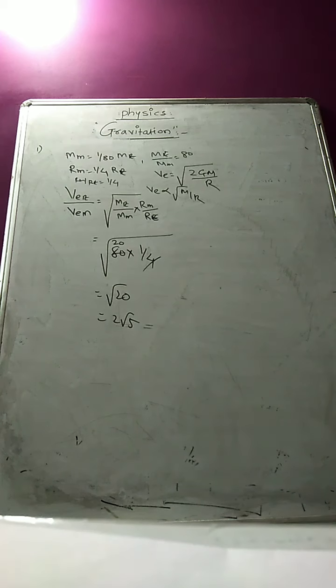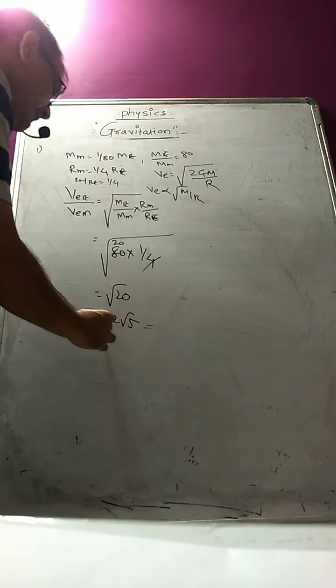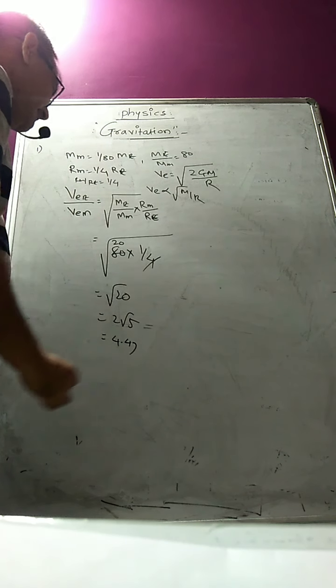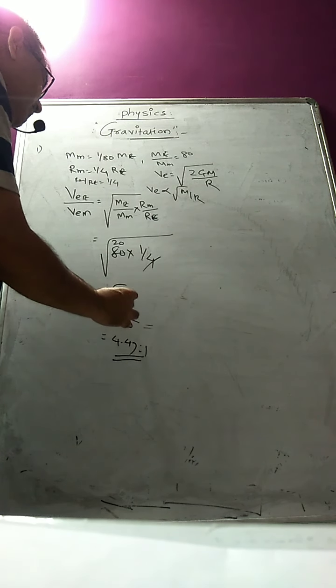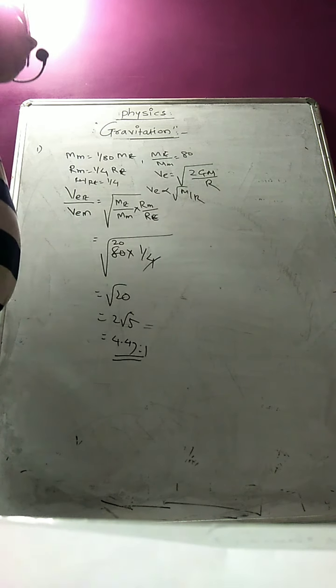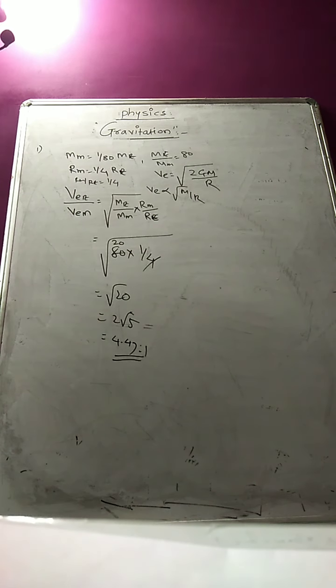So the relation is 2 times root 5, which is 4.47 is to 1. Children, root of 20 is 2 root 5, which is 4.47. It is the right answer. So that will be the next point.